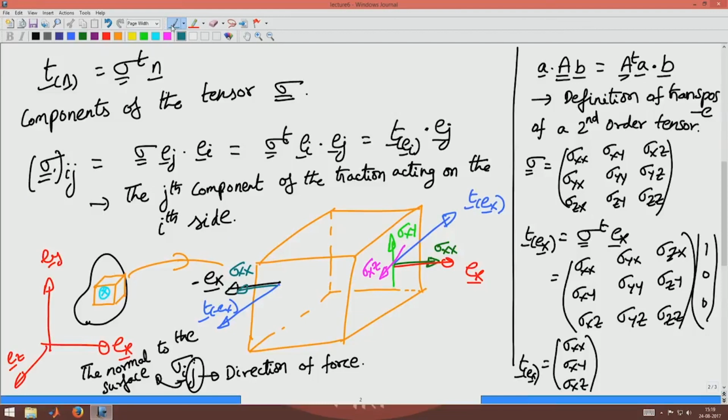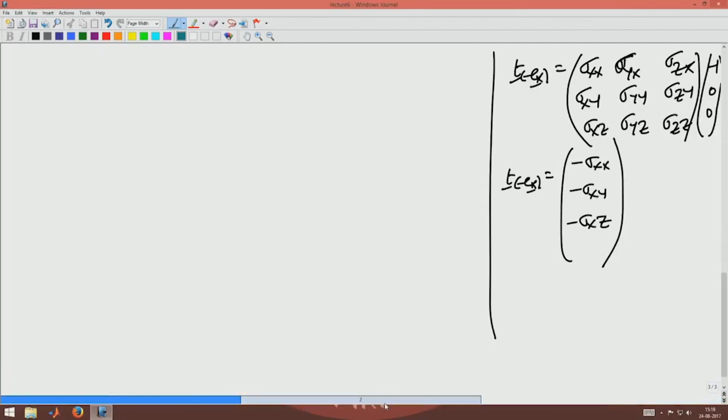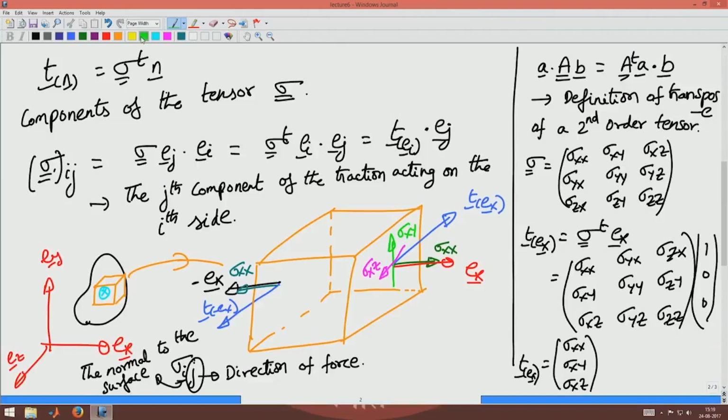Similarly, sigma x y, what we got was minus sigma x y, and hence it would be opposite to the coordinate system. So, this is sigma x y. Okay. Similarly, sigma x z should also be opposite to the coordinate system, and hence this will be sigma x z.